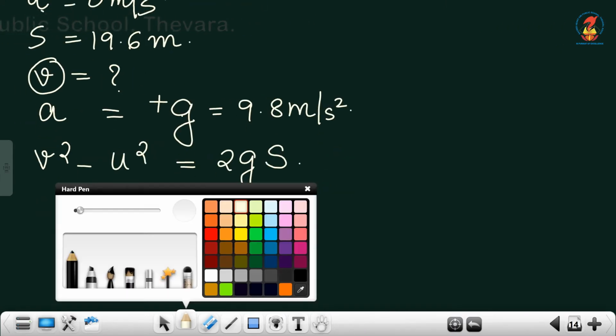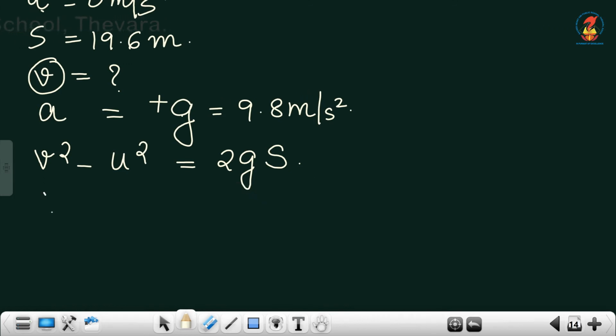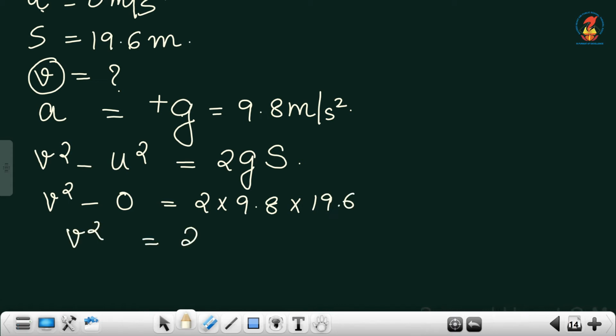By substituting the given values, we can easily find v. That is v square minus 0 is equal to 2 into 9.8 into 19.6. That is v square is equal to 2 into 9.8 into 19.6.